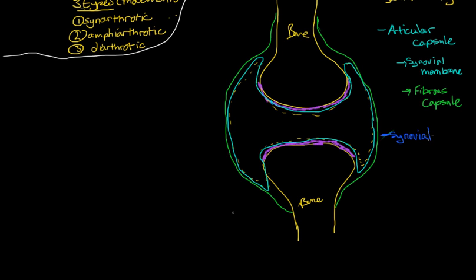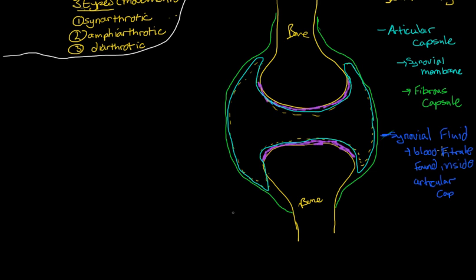Synovial fluid. I'm not going to draw that in because that would take up too much of this area that we're working with. We'll say blood filtrate found inside the articular capsule.